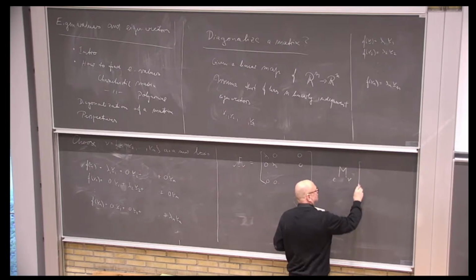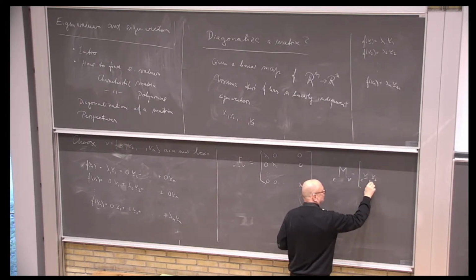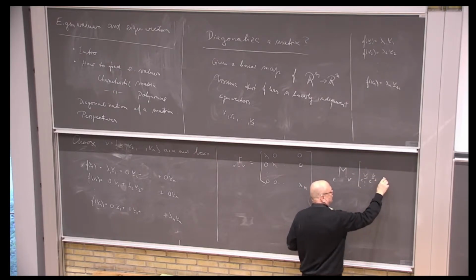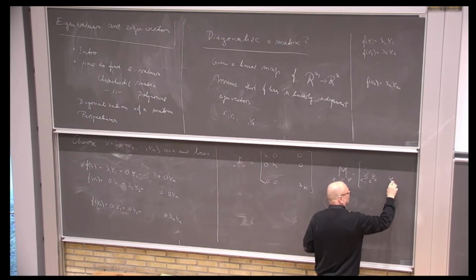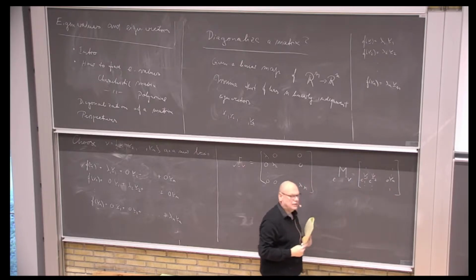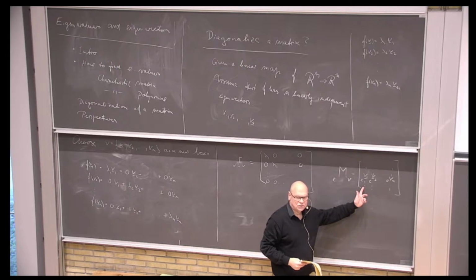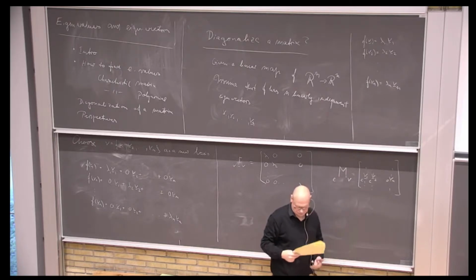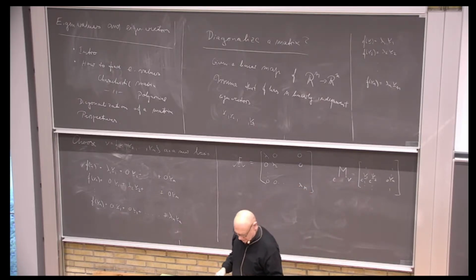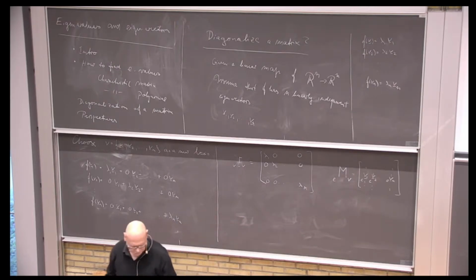I have to have as columns the E coordinates of the eigenvectors. But if you have found the eigenvectors, then you also have these coordinates in the given basis.